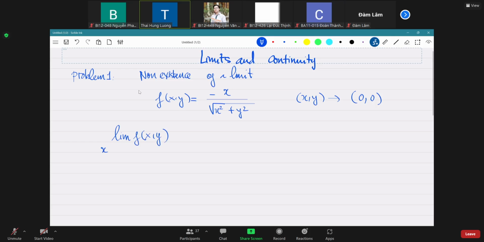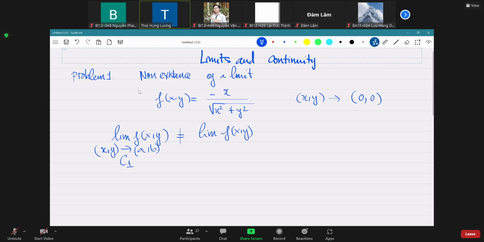If you can show that the limit of the function f when x, y tend to a limit point a, b along a path c1, a path c1 is a line or curve or any continuous path on the xy plane that passes through the point a, b, is different from the limit of this function when x, y tend to the same point but along a different path c2, then you can say that the limit does not exist.